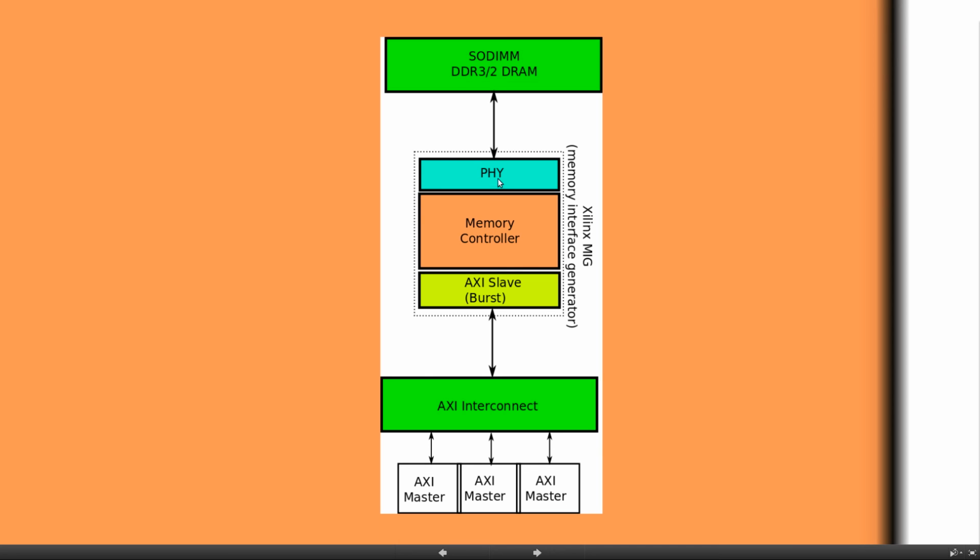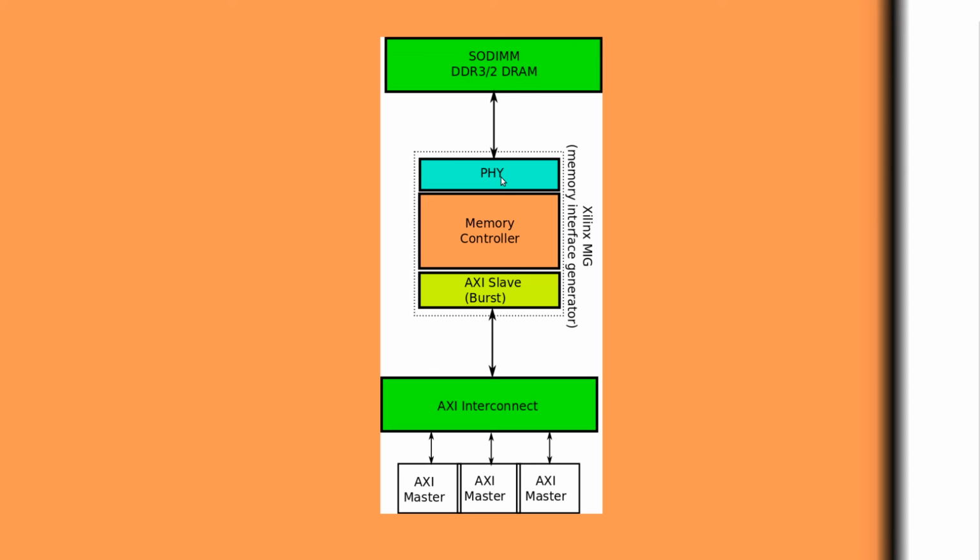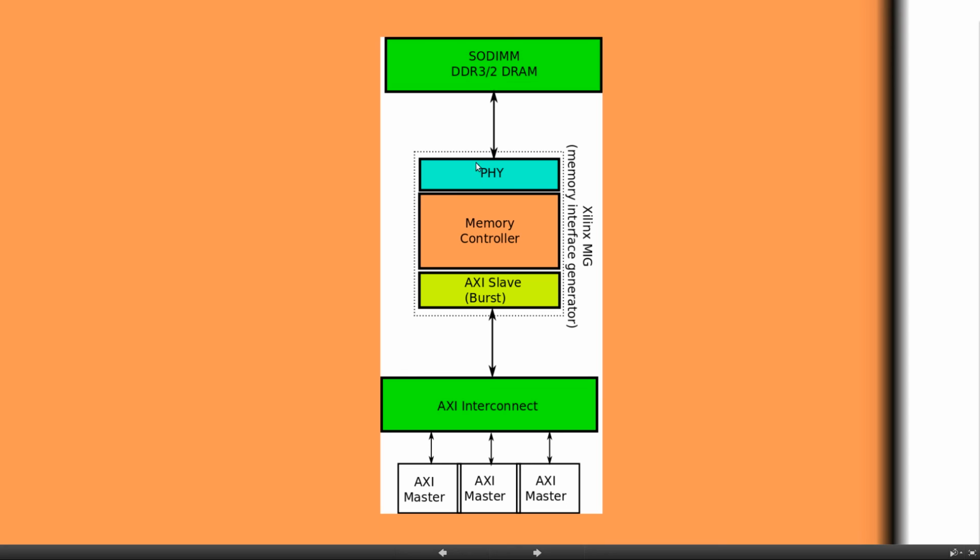And then finally you have the logic and the circuits which are talking directly to the DRAM module or the DRAM chip. This part we usually call the PHY. It's a physical interface through which you are talking to your DRAM memory and to your DRAM module. And then you have the memory controller, which is the intelligent part of this whole block.